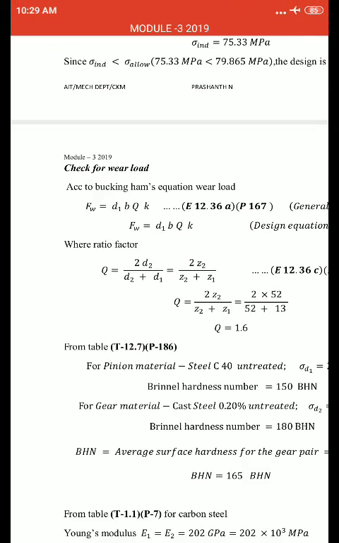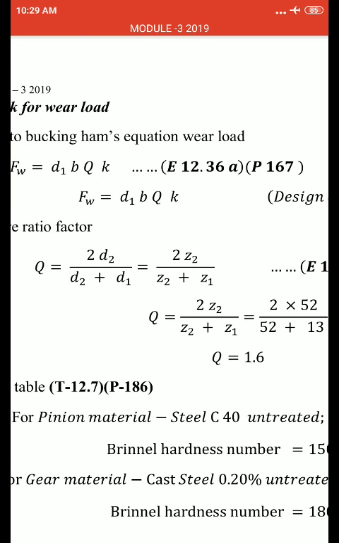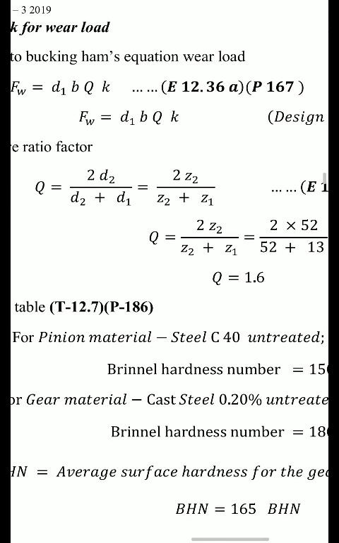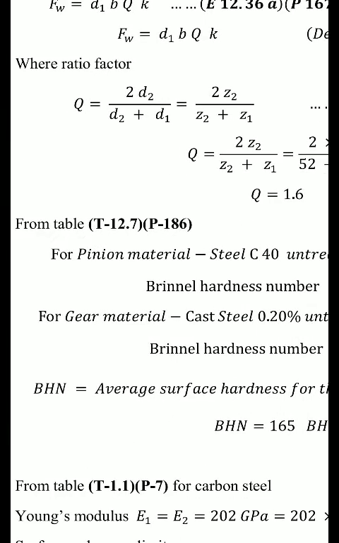Checking for the wear load: Fw is equal to d1 into b into Q into K, where Q is 2d2 by the design equation Ft, d1, b, Q. Find out the Q value.